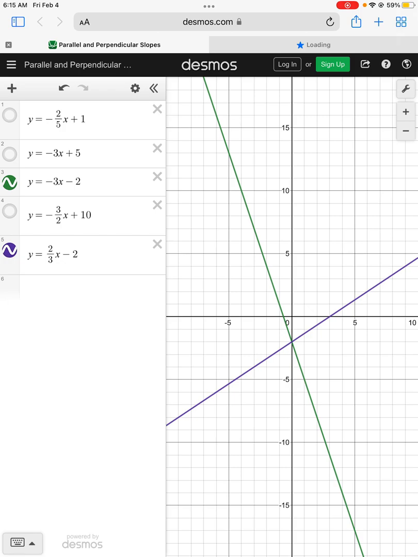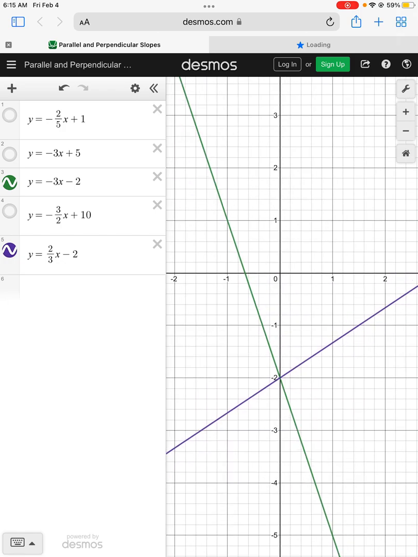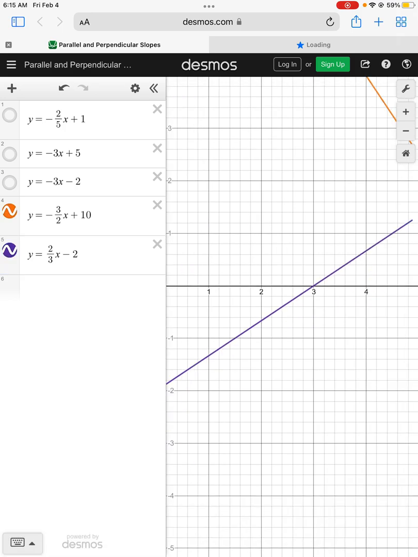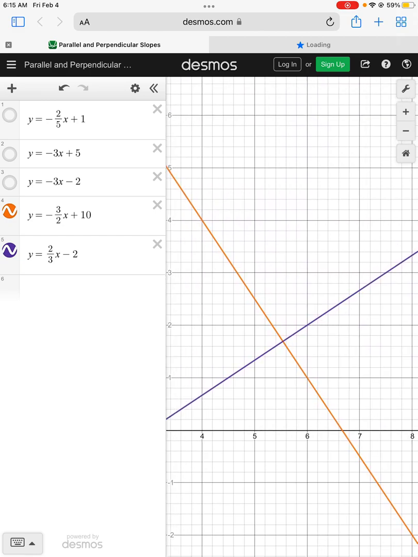I know on Desmos it's hard to completely verify. We can't normally have a protractor to see what these angles are. But I can tell from the slopes, the slope of -3 and the slope of 2/3. That's what we're going to use to determine mathematically if two lines are perpendicular or just intersecting. So these two lines are just intersecting, versus these two lines, the purple and orange, which intersect at 90-degree angles.